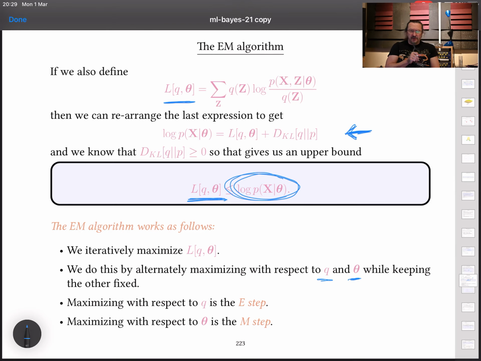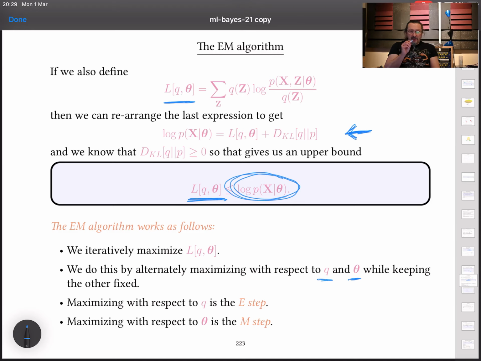I'm going to introduce the subscript t, meaning which time step in this iteration we are. We keep theta 1 fixed and update from Q1 to Q2 by maximizing L while keeping theta 1 fixed. Then we keep Q2 fixed and we maximize with respect to theta to get theta 2, and so on until we get convergence.